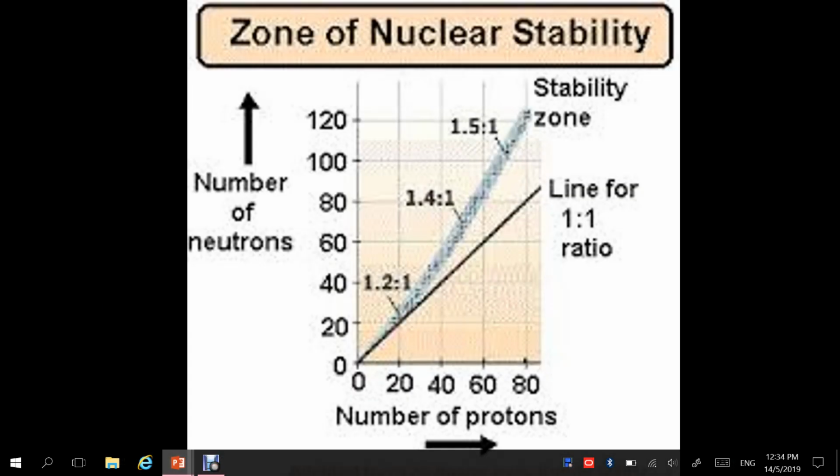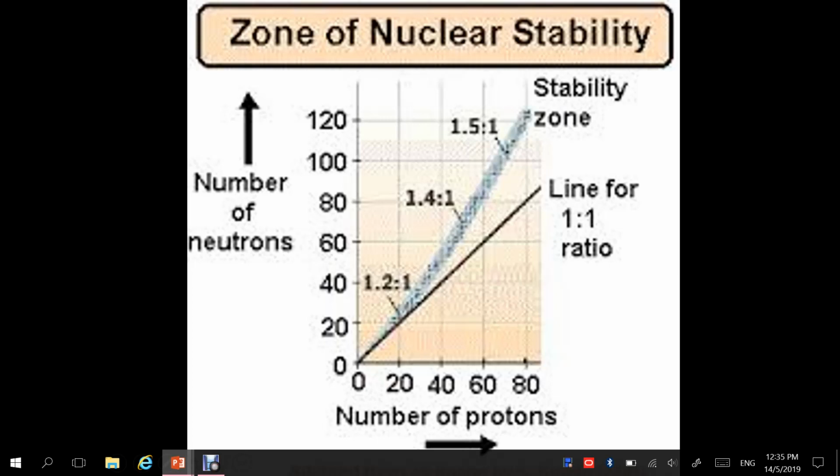So isotopes of these elements are not stable as well. So why are they not stable? Because if you look at this graph, on the vertical axis you have the number of neutrons, and the horizontal axis you have the number of protons. In order for a nucleus to be stable, the neutron to proton ratio must be in the golden ratio, that is in this stability zone.